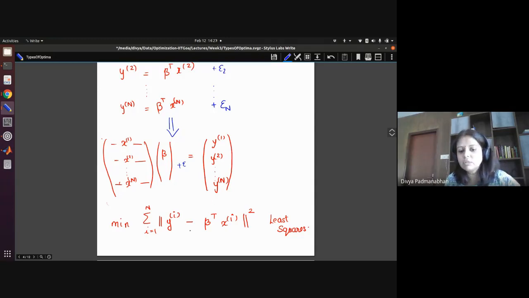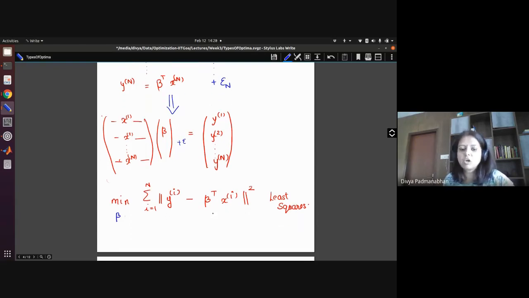Instead you try to find the betas such that this difference is as low as possible. This y minus beta transpose xi is some sense of loss that you have, and you want it as low as possible. So the optimization variable here is the betas. This is called a least squares problem. This comes up in linear algebra also. I'm sure you might have seen it there too.